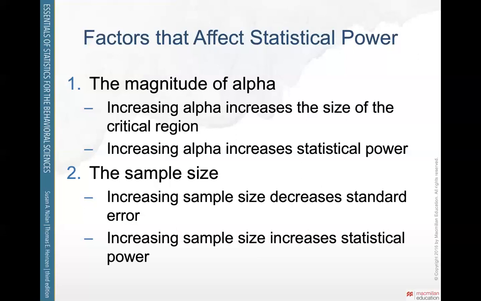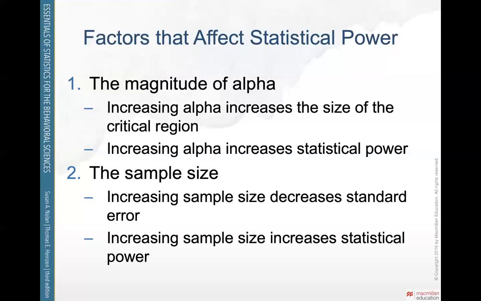If we've increased the size of the critical region by increasing alpha, we've increased the likelihood that our Z mean is going to fall somewhere in that critical region. And remember what the critical region means. If the Z mean falls into the critical region, we reject the null hypothesis. We conclude, yes, there is a statistically significant difference.